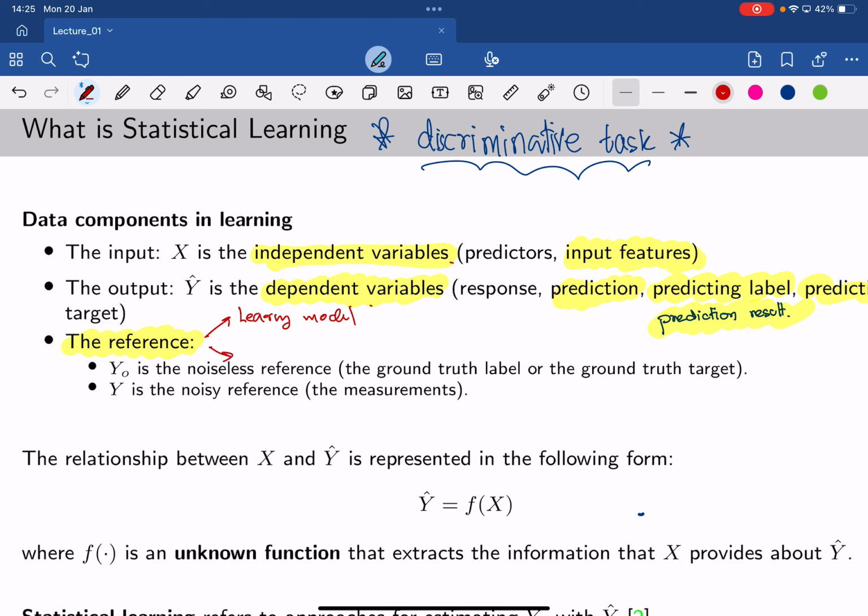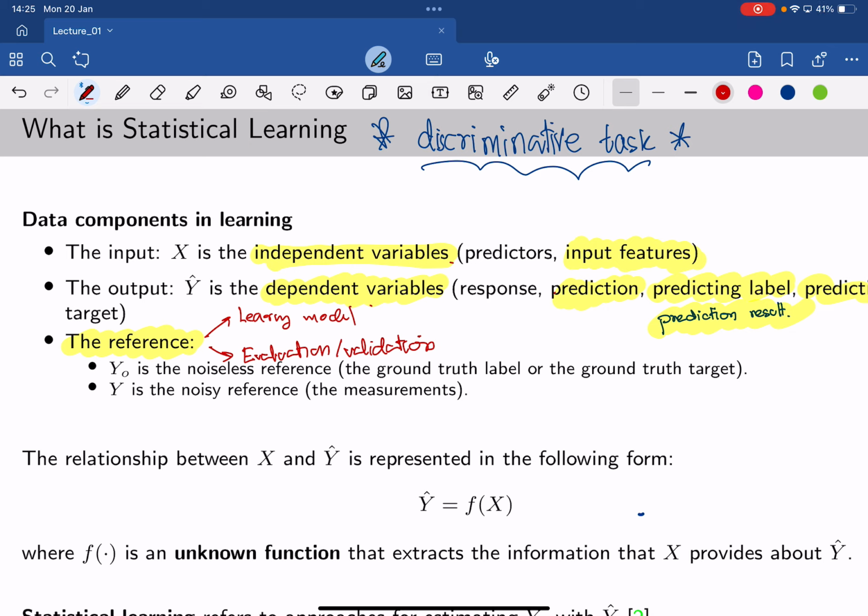The second benefit of it is to use it for evaluation or validation. So that's why you need reference.